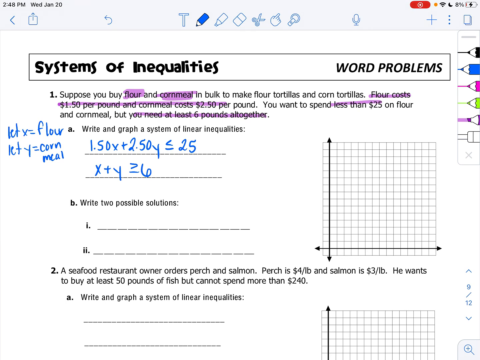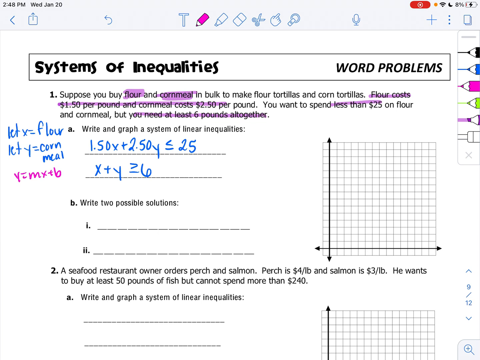Once you have these written, then you can graph them and determine some possibilities. In order to graph them, they need to be in the form y equals mx plus b, and in both cases, these need to be rewritten.